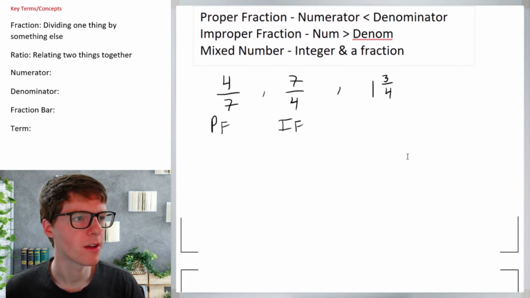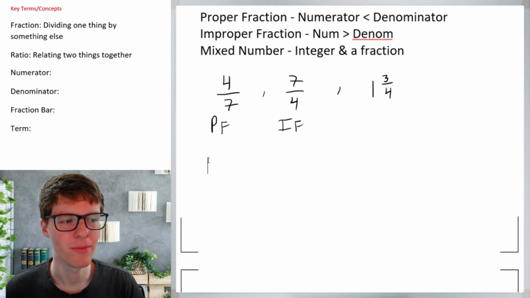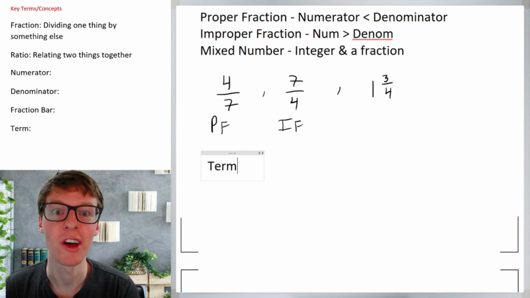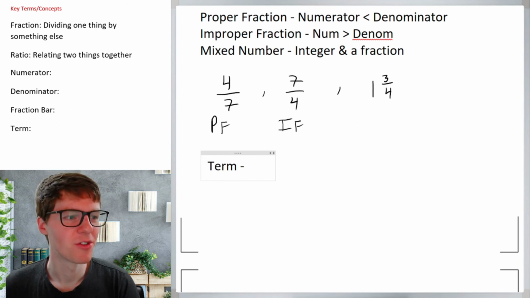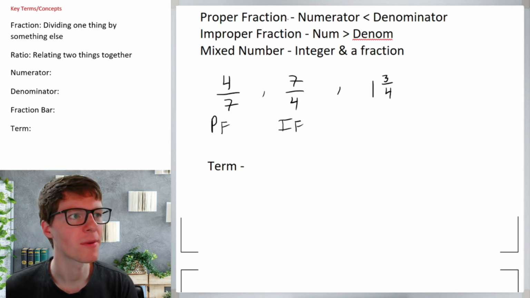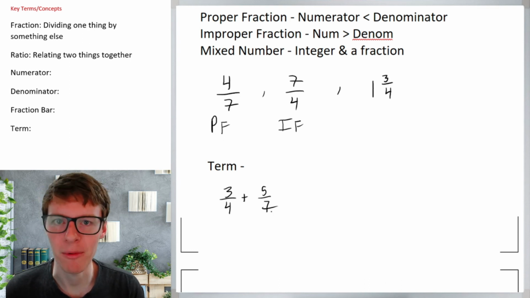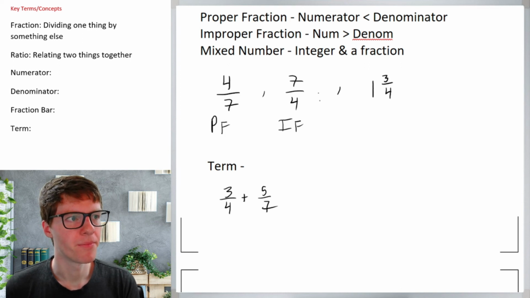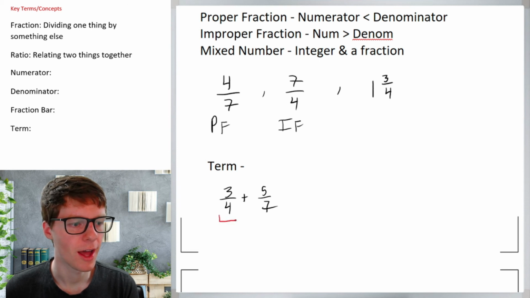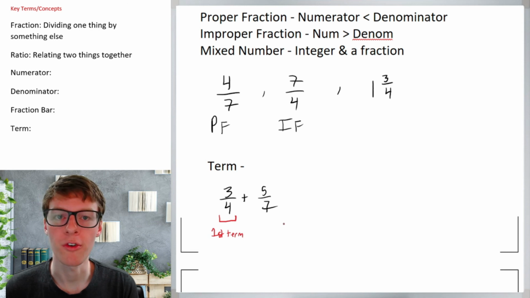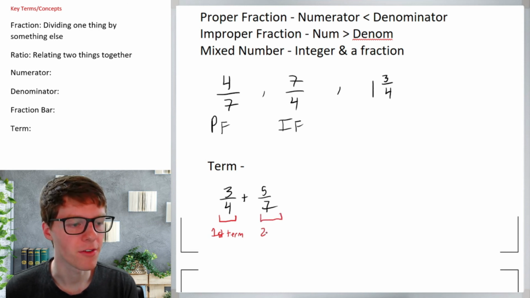And then the final term that we're going to need to know is actually the word term, funnily enough. So when we're doing fractions, if I have a problem like this, where I'm adding 3/4 plus 5/7, which is something we'll get to in like episode 3, I would refer to this 3/4 here as the first term. And I would refer to 5/7 here as the second term.